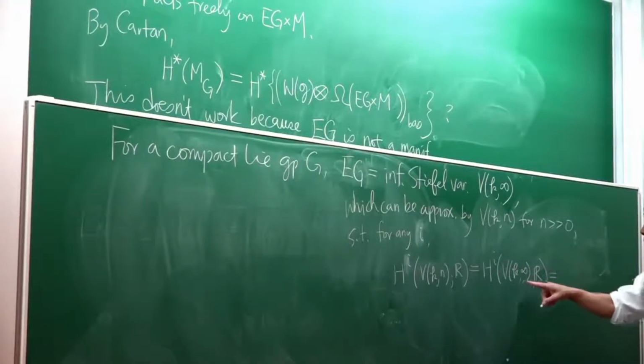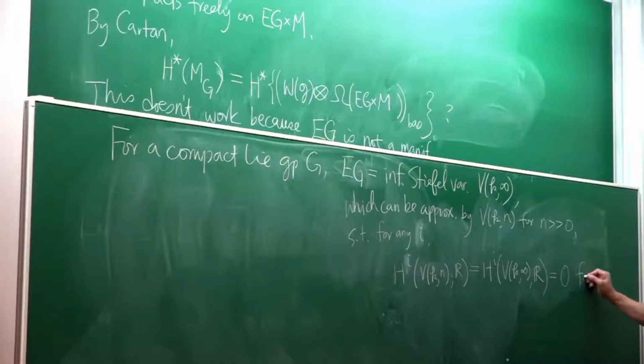And you know that V_k infinity is contractible, so its cohomology is 0. That's what it means to be an approximation.